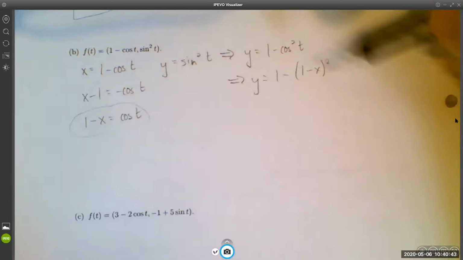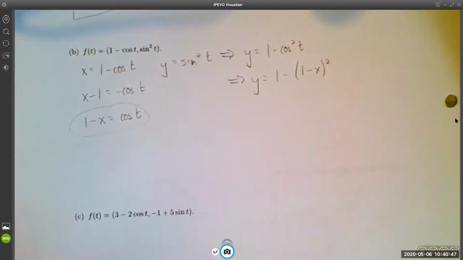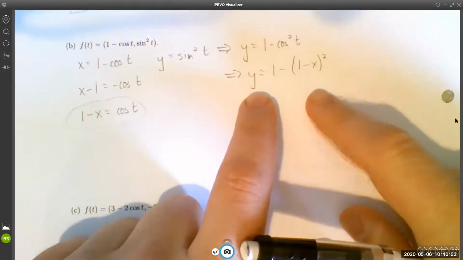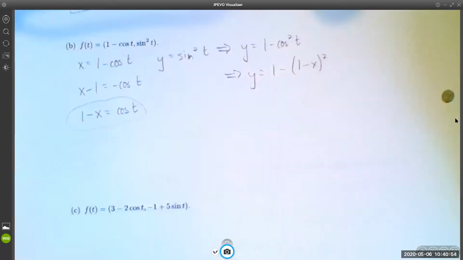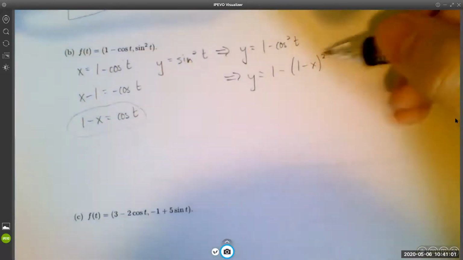Because cosine t is 1 minus x, so cosine squared t is 1 minus x squared. Right? And now this, notice, is an equation where you've eliminated t. So you've done what you set out to do. Again, you may have done that differently, and that's okay. But let's clean this up a little.